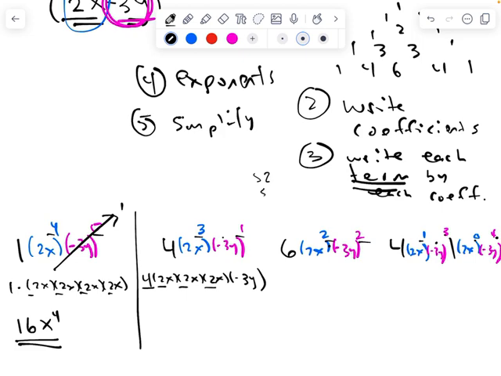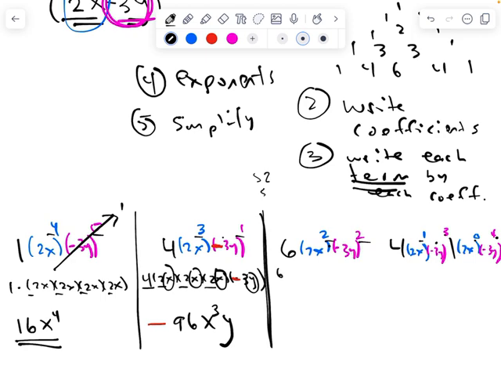So that's going to be 96. We got x, x, x. So I have 3 x's, and I've got a y. Now I'm going to check something here. I made one mistake. See if you can see it. And that's it. I forgot that minus sign. That minus sign is going to go right there. It's minus 96x cubed y. So don't forget your minus signs. Okay, we've got that term sorted out.